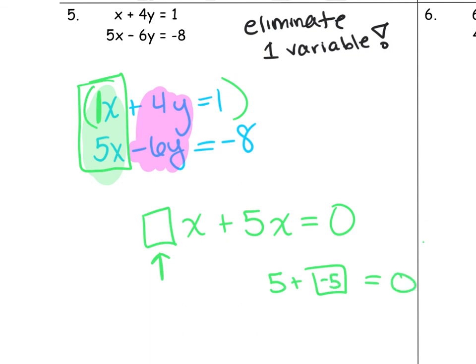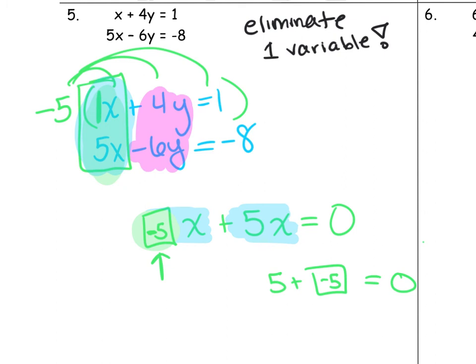Negative 5. So if this is a negative 5x, those terms cancel. So we're going to multiply the top equation by negative 5. Again, the objective, people, is we want to get the x's to cancel. The only way these x's will cancel is if the number in front of x here is negative 5.